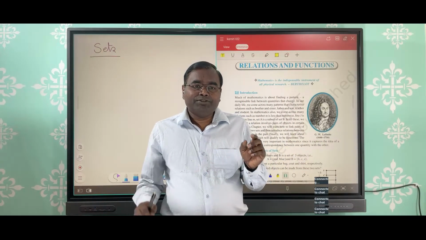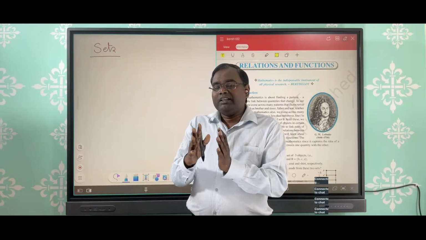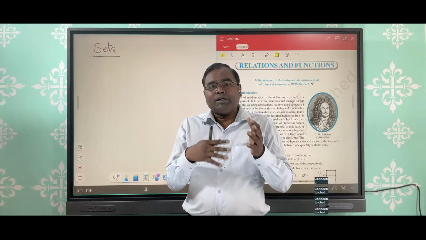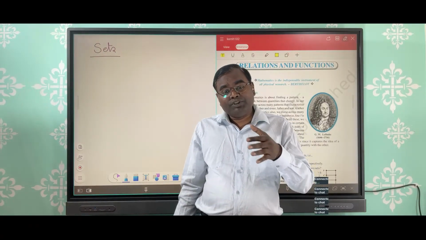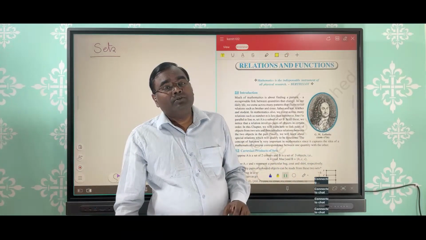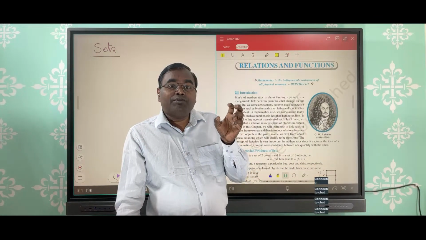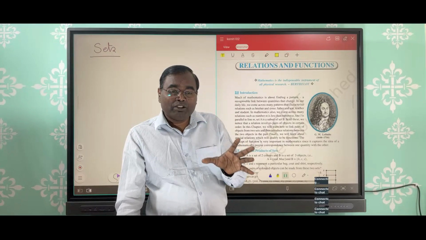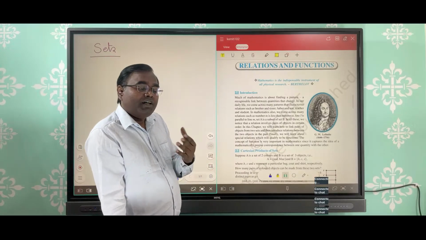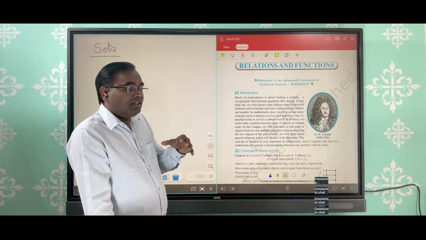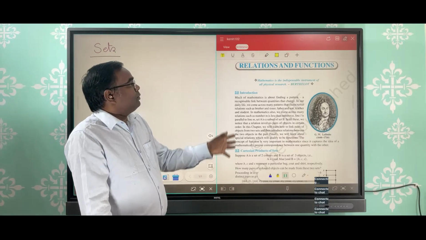If we keep the size as one attribute and color as another attribute and combine them, we can have a number of sets of shirts of a particular size with particular colors. How we can arrange such combinations can be easily handled by the topic of relations and functions.